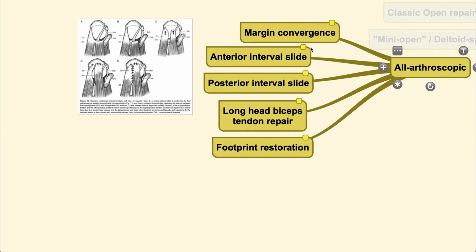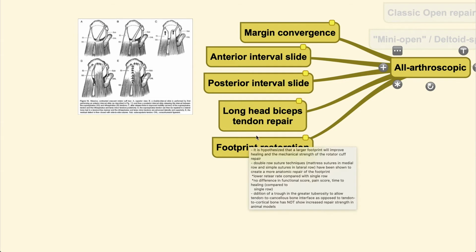The all arthroscopic technique includes several basic things to do, which include margin convergence, which is shown to decrease strain on a lateral margin in a U-shaped tear. And then we could do an anterior interval slide, in which we release the anterior attachment of the supraspinatus to be able to slide it forward, and we could also release the posterior aspect of the supraspinatus from the infraspinatus.